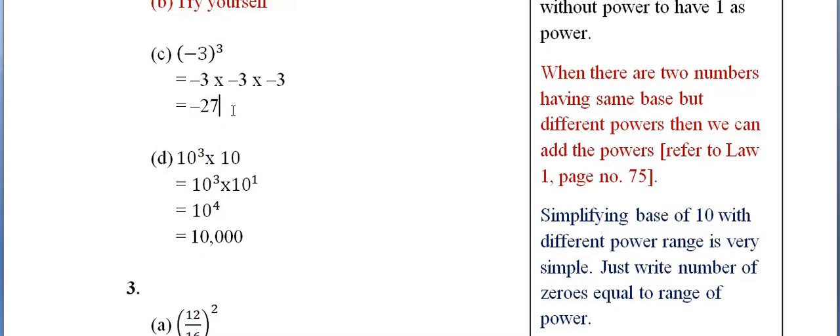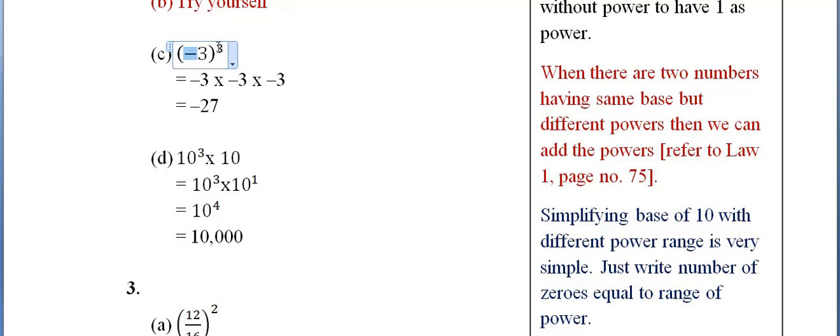Now, it should be remembered that if there is a negative base and it has an odd power, say 3, 5, 7, 9, 11, the answer will again be a negative number. Your answer will hold the negative sign, just like the base number.